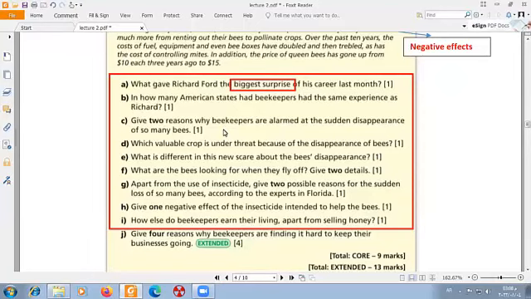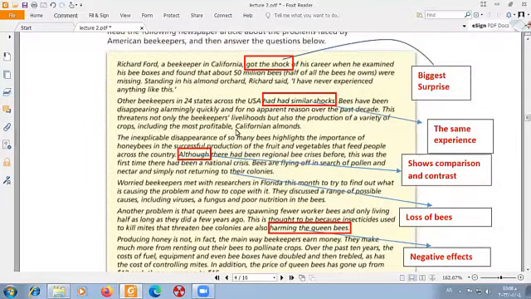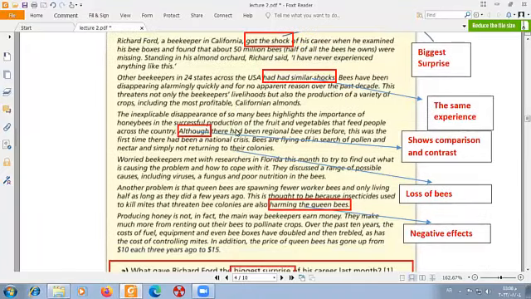Yeah, okay. Honeybees in successful, first reason, honeybees in successful production of fruit and vegetables. Second one, bees are flying off in search of pollen and nectar and simply not returning to the colonies.